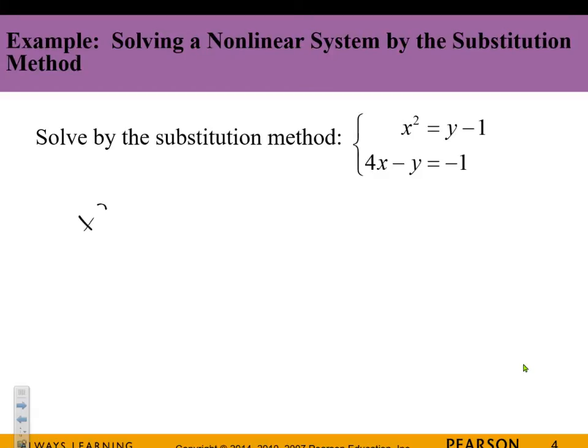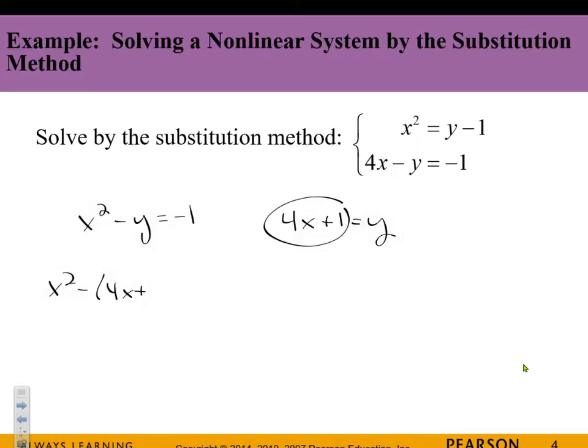In this case, let's do this. We're going to go x squared minus y is equal to negative 1. I want to swap the y with the 1, so this will be 4x plus 1 is y, correct? So what's the value of y? 4x plus 1. So then I have x squared minus (4x plus 1) is equal to negative 1.